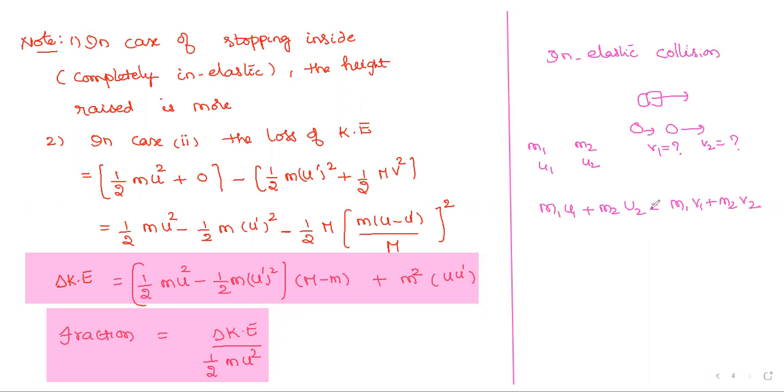But the problem is you're asking two unknowns, whereas you give only one equation. According to mathematics, to find two unknowns we require two equations. So where is the second equation, sir?